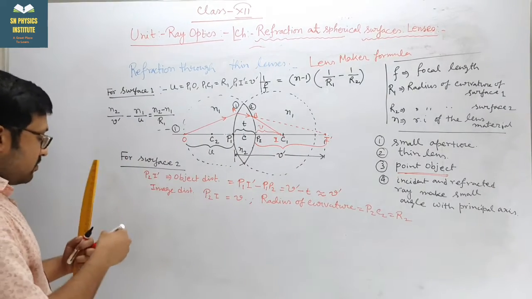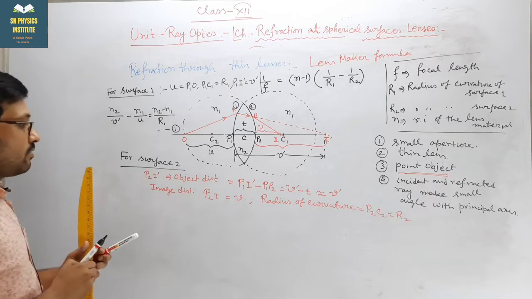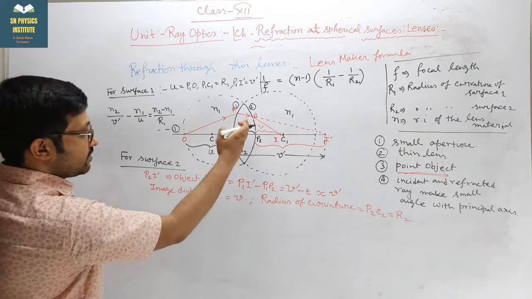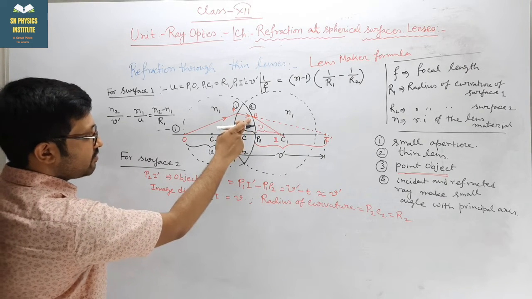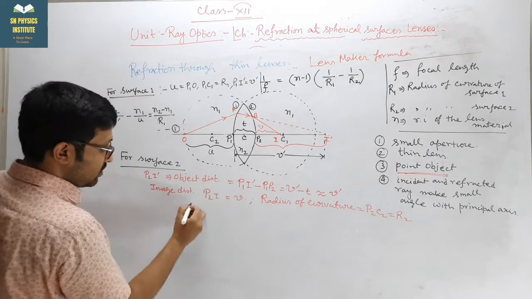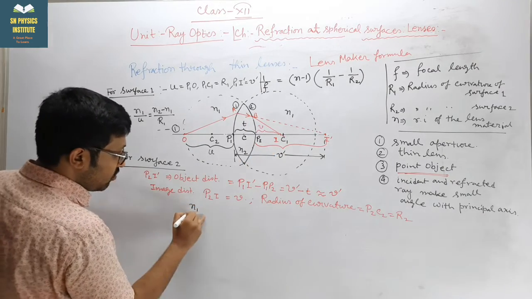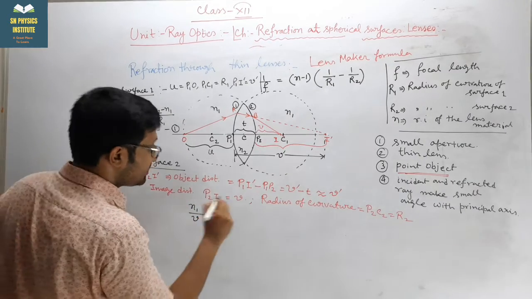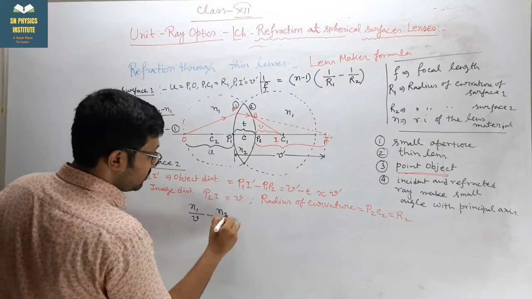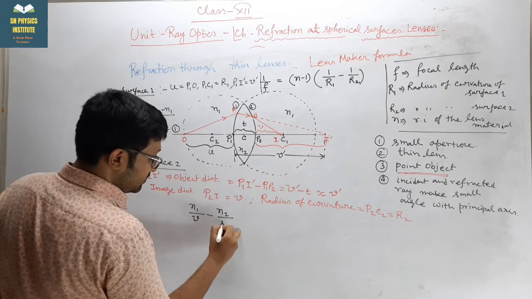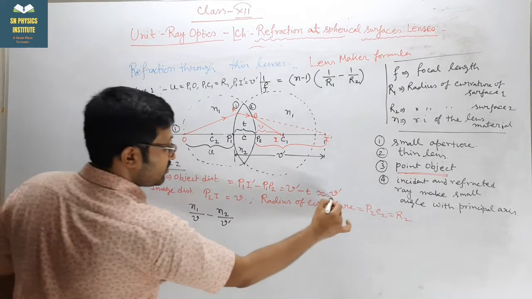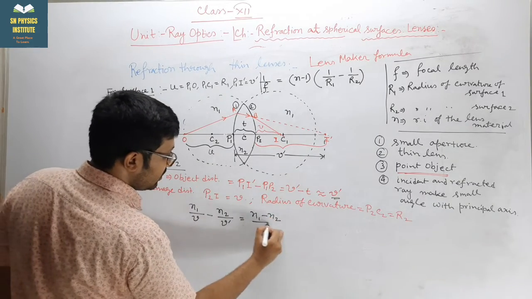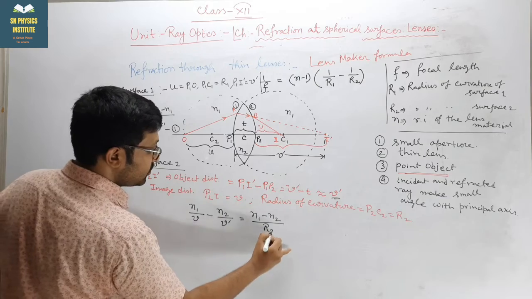Now what will we write? For the second surface light is traveling from denser to rarer. So the equation becomes n1 by v minus n2 by v prime, because object distance is v prime, is equal to n1 minus n2 divided by R2.